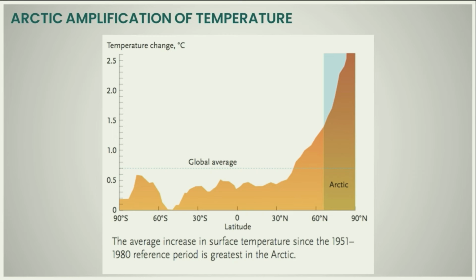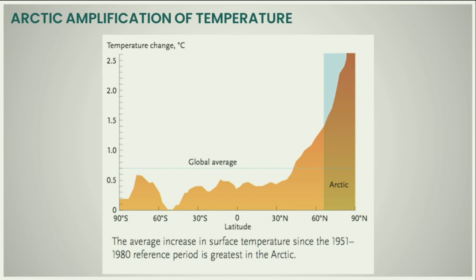But the temperature warming is not distributed equally over the whole planet, and this is important for the impacts of climate change on the frozen parts of the planet, because the Arctic warms up much more rapidly than any other part of the planet. This shows the average temperature of the Earth and the change that's happened since the 19th century, but as a function of latitude.